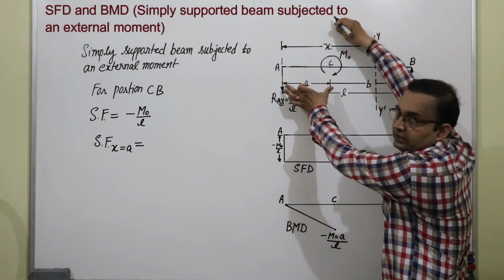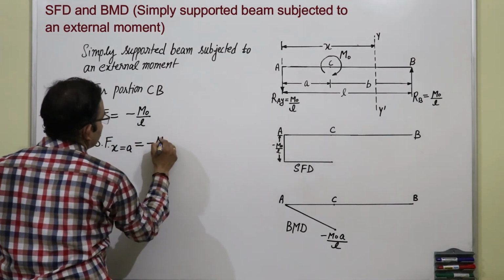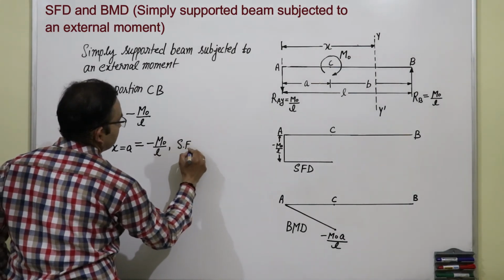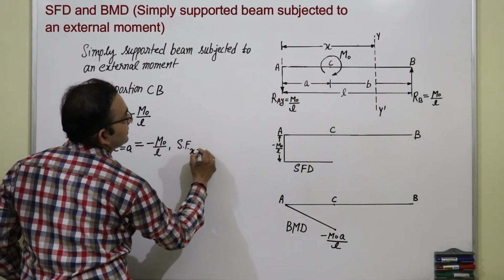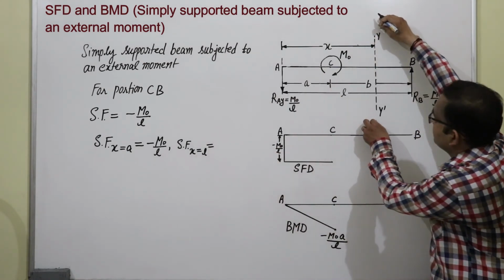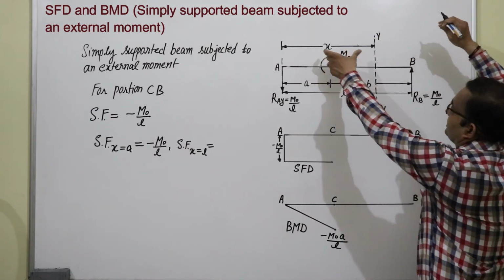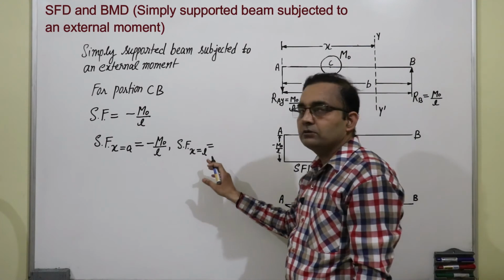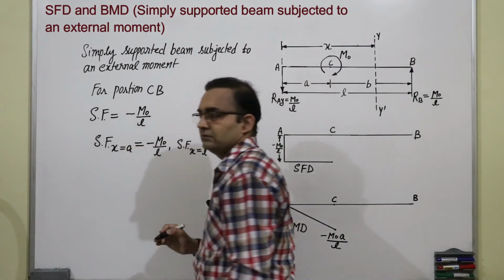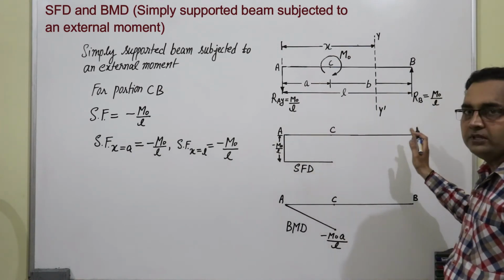So x is equal to A, and to the left of this side there is only one force, which is minus m0 by L. Shear force at x equal to L, if I will slide this section to this side, x will increase, and at x equal to L we have to see towards the left of this side. So shear force is constant from point A to point B.